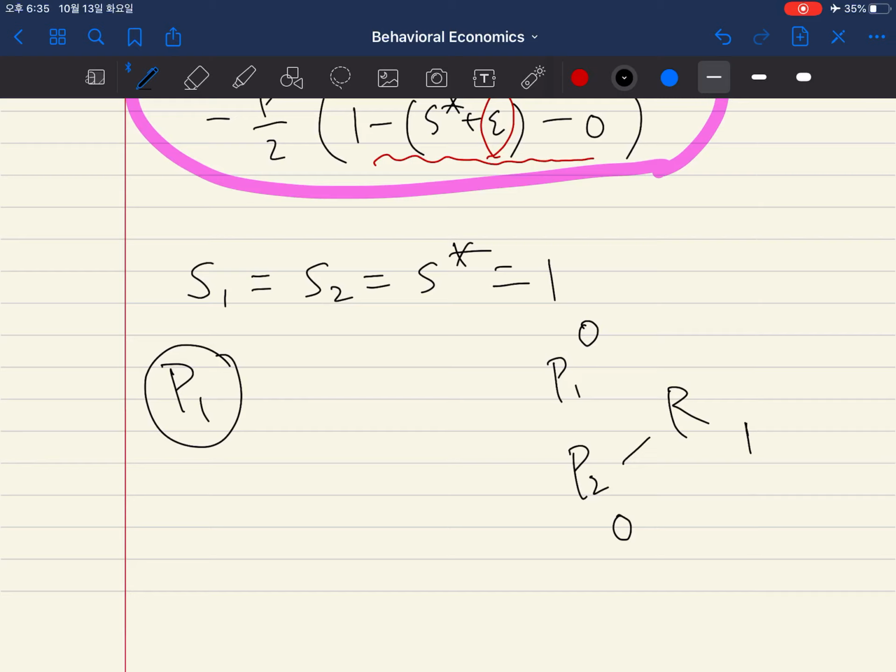So resource allocation is always responder gets the entire resource and both proposals get nothing. In particular, first proposal's allocation is always the same.